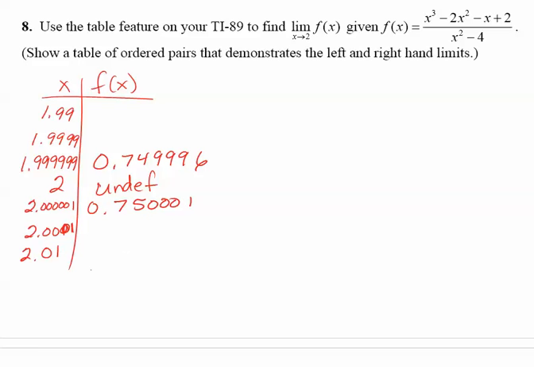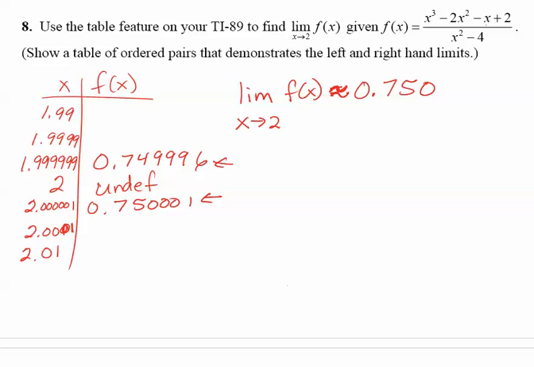I don't remember what was there, but it appears that the left-hand limit and the right-hand limit are both 0.750 if we go to 3 decimal places. So we can say that the overall limit of f of x appears to be 0.75 to 3 decimal places. So remember, we don't know that that's exactly the limit, but it appears to be. So that's using that table feature.